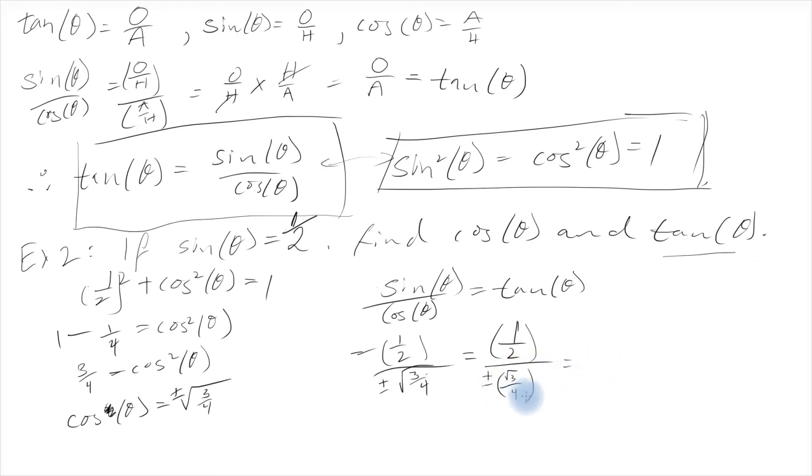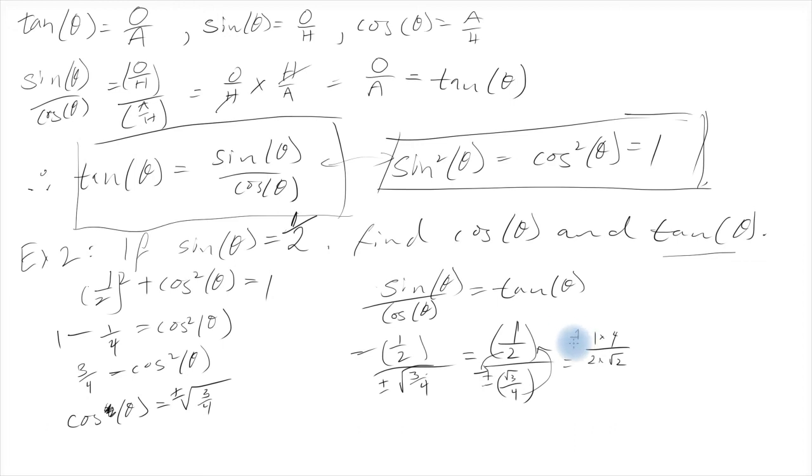So just doing this bit here where we divide our fractions. So basically this 2 drops down to the bottom and this 4 comes on up to the top. So we've got 1 times our 4, so 4 is at the top, divided by our 2 by our root 3 down the bottom, and we've got this plus or minus happening as well.